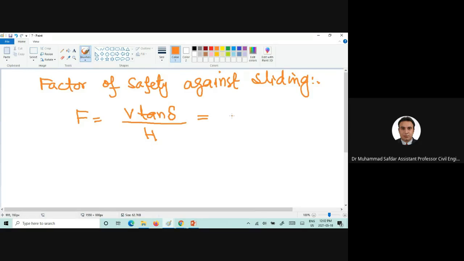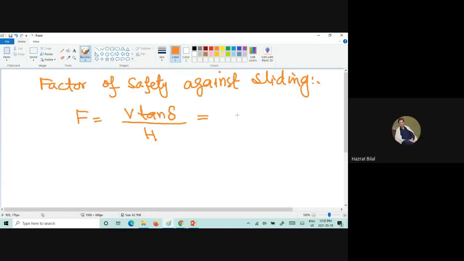So vertical forces were equal to 212.3 kilonewton per meter. Horizontal forces were 78.4 kilonewton per meter, and the delta value was, I guess, 27 degrees.